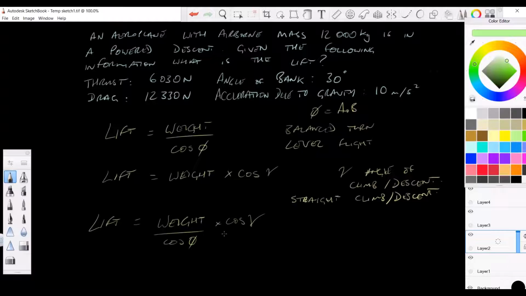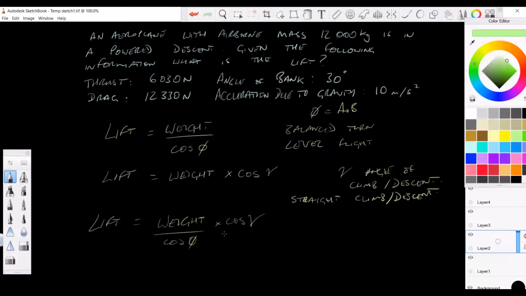Up to the point of stall, as long as you don't stall the aircraft, in which case you lose control of the flight path anyway, if you're in controlled flight, the flight path you choose at that weight will determine the lift. The bank you choose and the climb and descent you choose will determine the lift. The lift equation then tells you how that is produced.